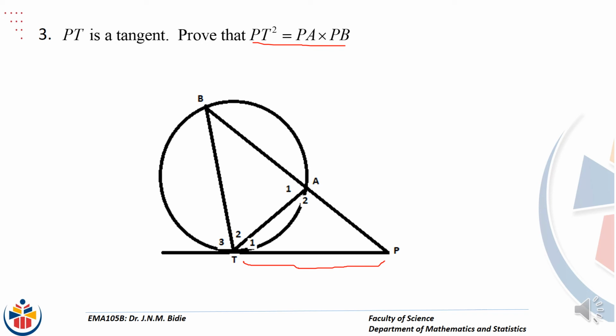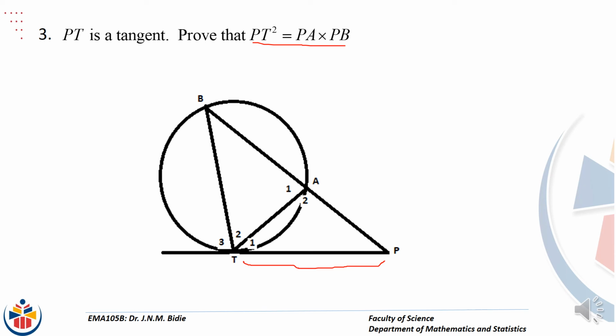So you start by angle B is equal to T1, tan chord theorem. Angle T3 is equal to angle A1. And P, T1 and A2, 180 degrees; B and P and T1 and T2 equal to 180 degrees, angles of a triangle, and therefore we're able to say T1 plus T2, because P is common.